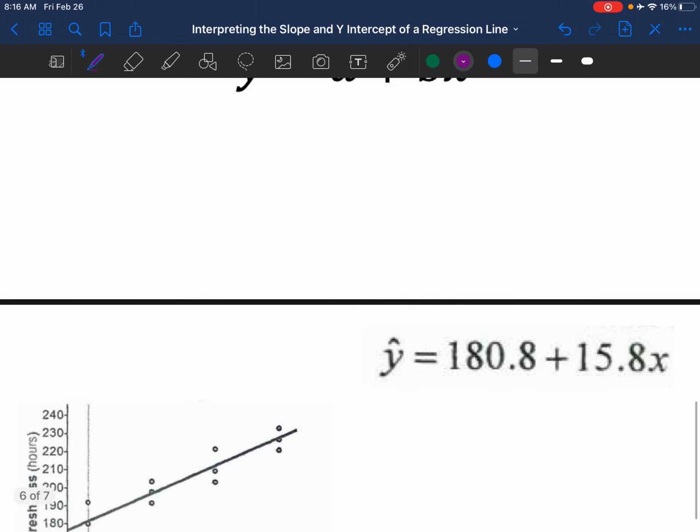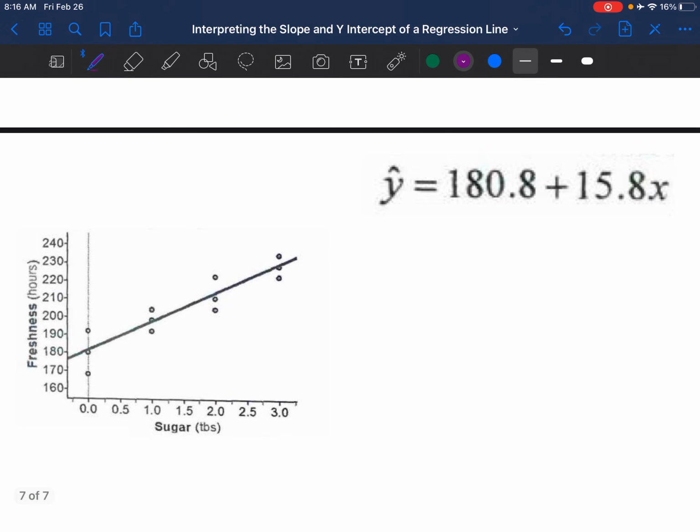Let's look at an example here. I have my y hat, which is my predicted. That means I am going to predict. I'm not 100% sure because there are some points above and below the line. I know that this is my y-intercept. That is my starting value, my value when x equals 0.